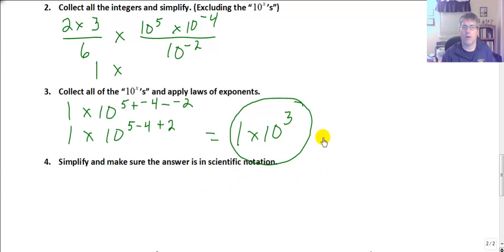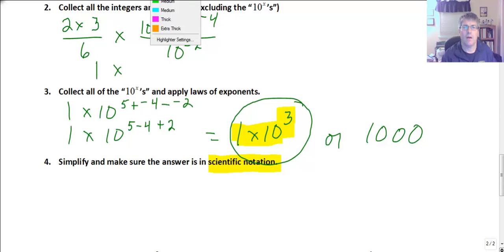Or it's also 1,000. So scientific notation is 1 times 10 to the third power. If I just wanted it in standard notation, the answer would be just 1,000.